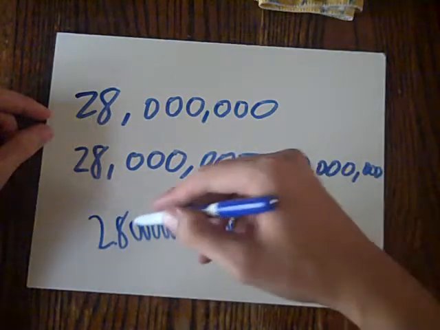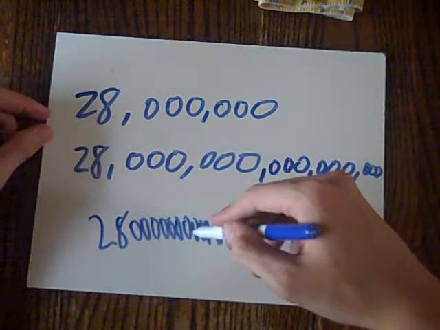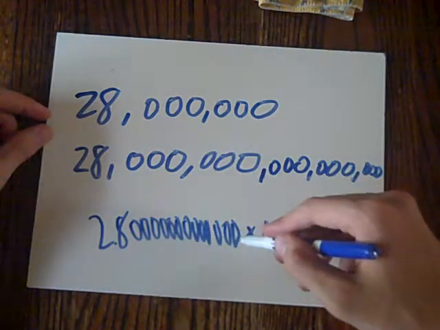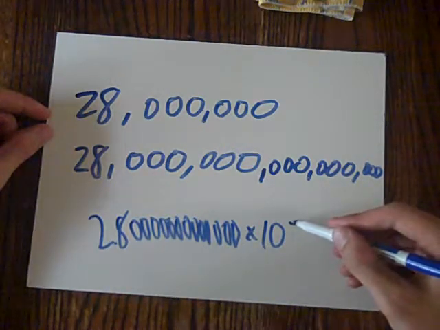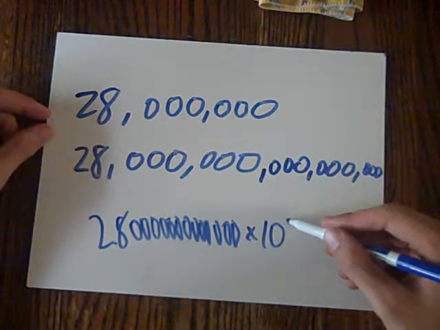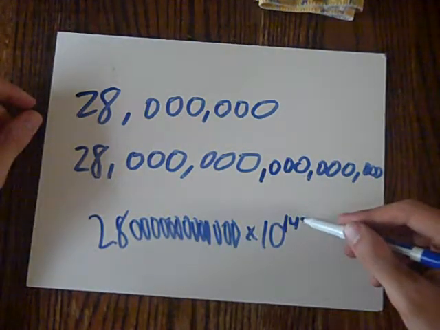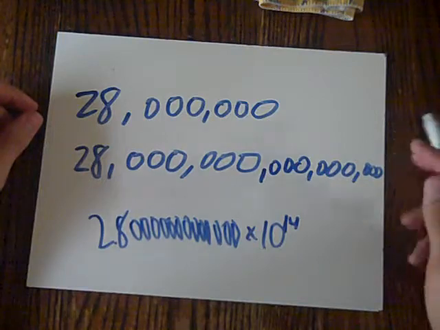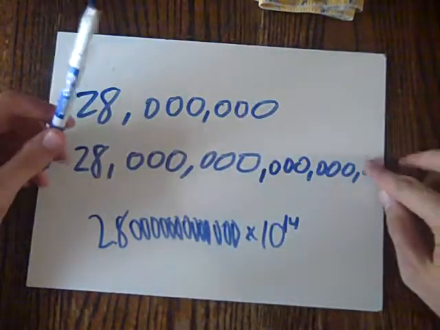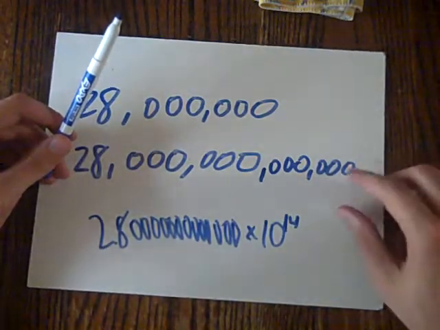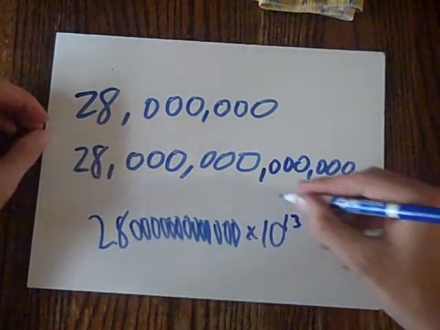So this would be 1, 2, 3, 4, 5, 6, 7, 8, 9, 10, 11, 12, 13, 14. Alright, so it is 10 to the 14th. And there we have it. Now, what if it was, actually I'll make this one to the 13th, since now it matches up with this one.